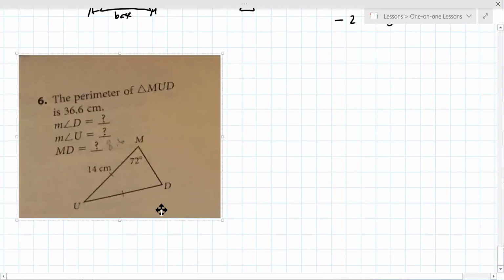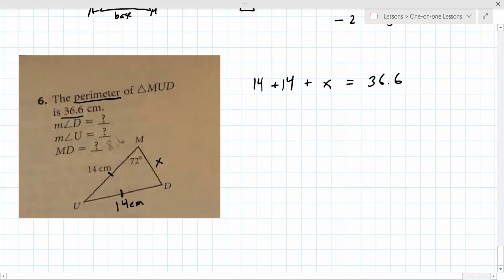So do you see how they tell you in this picture that this side is congruent to this side? That's what those lines mean. That means that this side is also 14 centimeters. The perimeter, the walk all the way around, is 36.6. So that 14 plus the other 14 plus some unknown length, I'll call that x, equals 36.6.